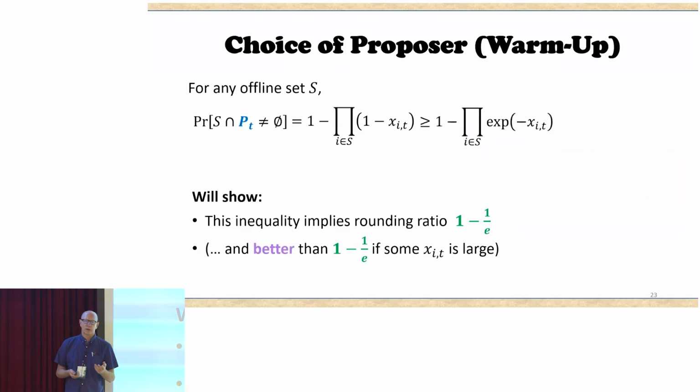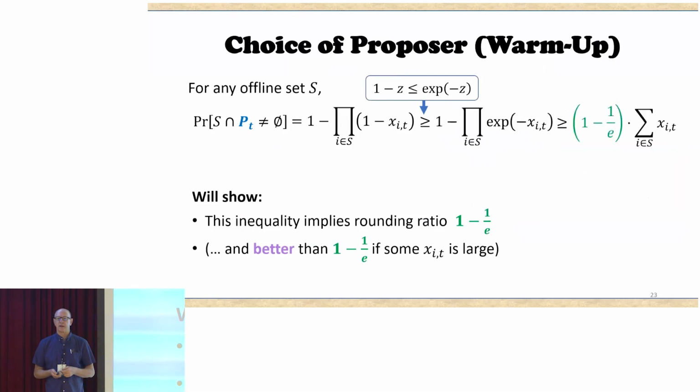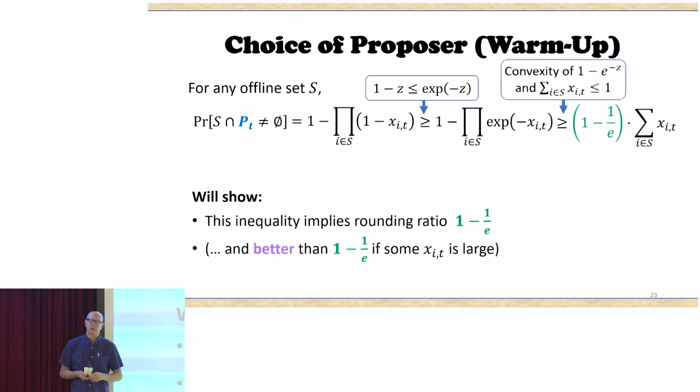Okay, so first observation is that the probability that the intersection is non-empty is, by just standard inequalities, at least 1 minus 1 over e times the sum of the fractions.